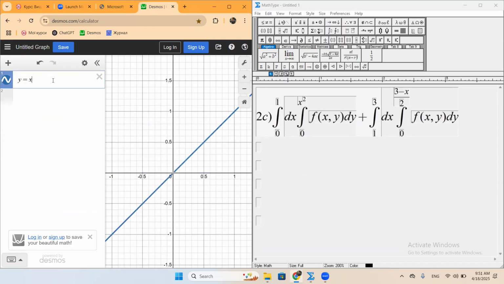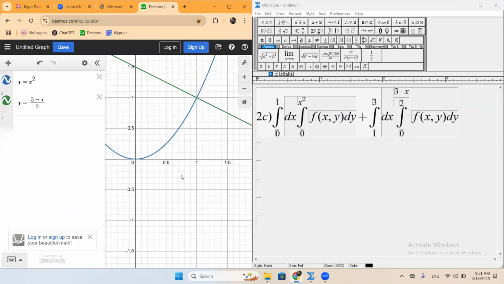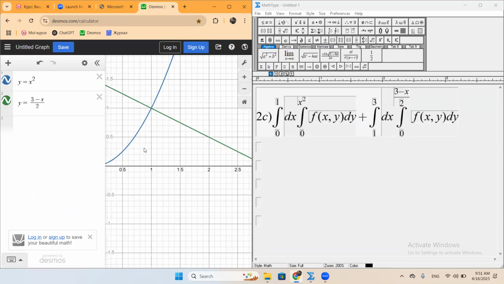So y equals x square. Then y equals 3 minus x, and 3 minus x over 2. Then y is greater than 0, so let's write down y equals 0.